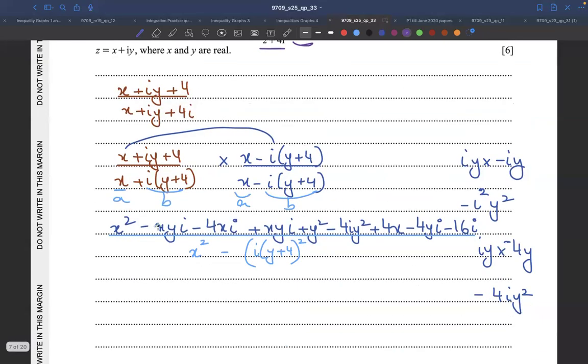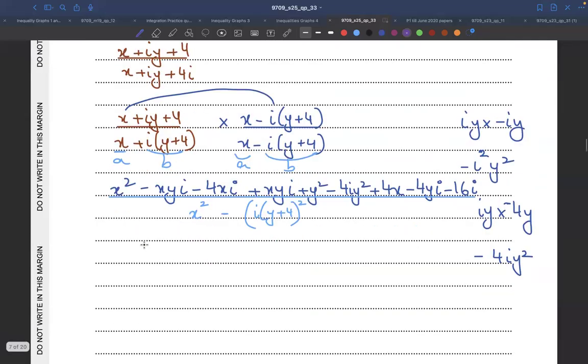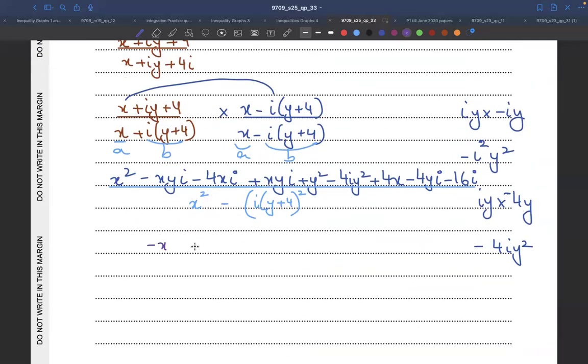So first let's write down all the i terms. That will become minus xyi minus 4xi plus xyi minus 4i y squared minus 4yi minus 16i.